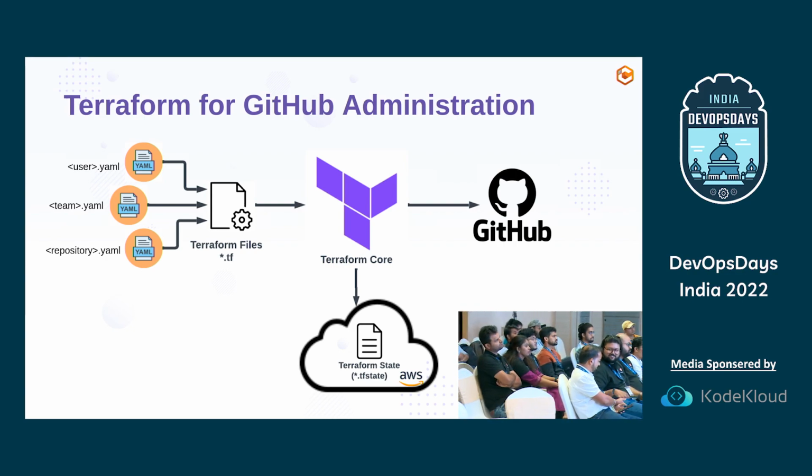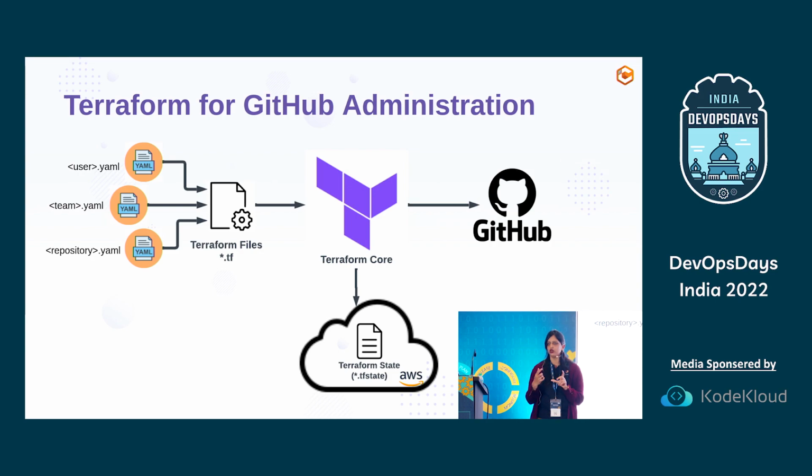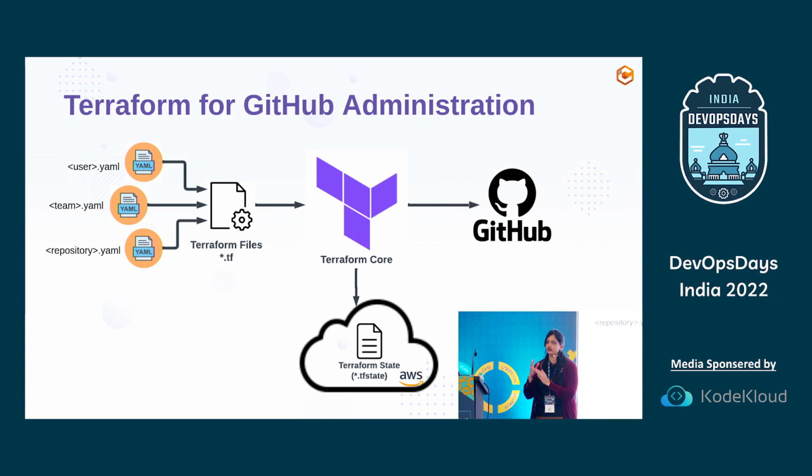We generally take users' input of what users you have to onboard, or what teams or repositories you have to create. That format, we take it and convert it to Terraform code using some of Terraform's inbuilt functionality. And then, using the basic Terraform initialization, plan and apply, that would create your GitHub resources.